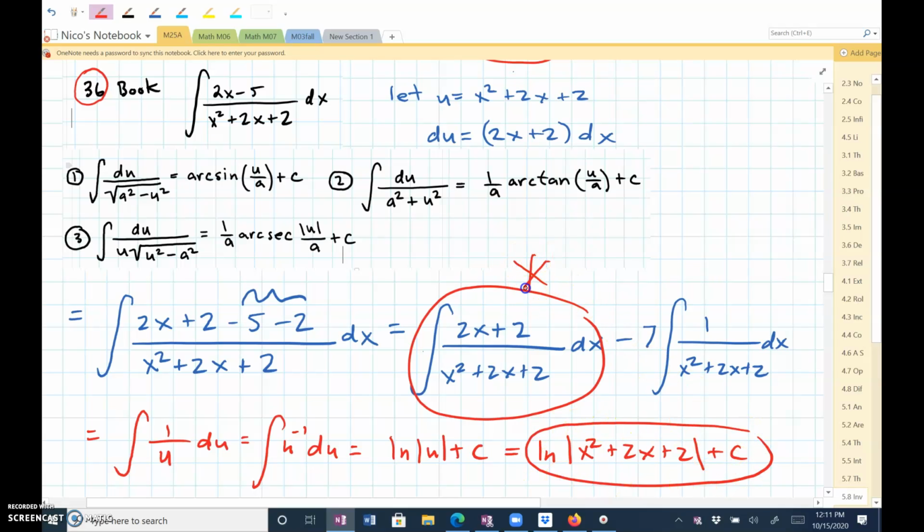So I got this guy taken care of. Now I need this guy. For that, I'm going to need to complete the square to start.